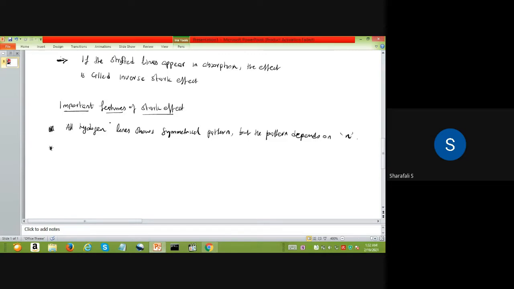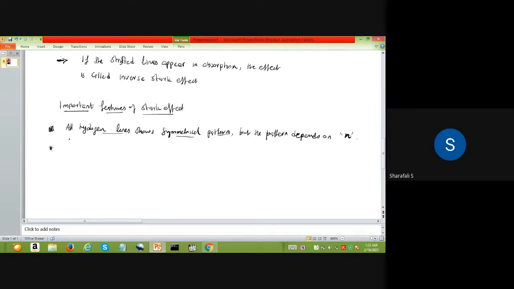So if you are considering the Balmer series or any of those hydrogen series, and you put that hydrogen source in an external electric field, the line will split. Hydrogen lines will split symmetrically with respect to the central line, but how much it splits depends on your principal quantum number n.